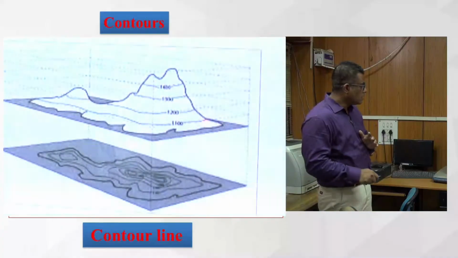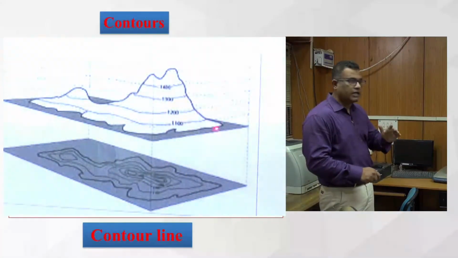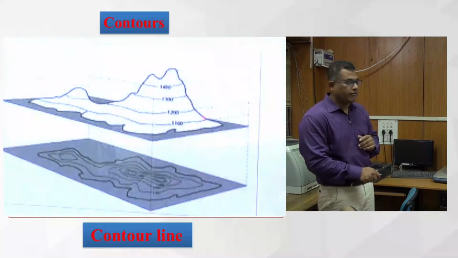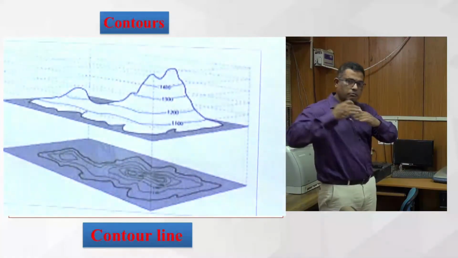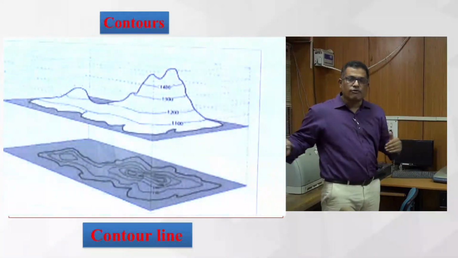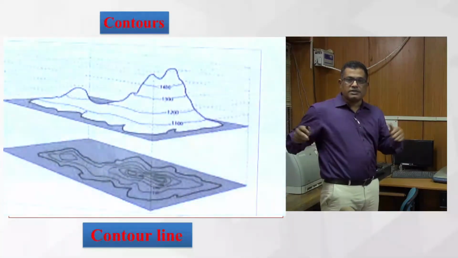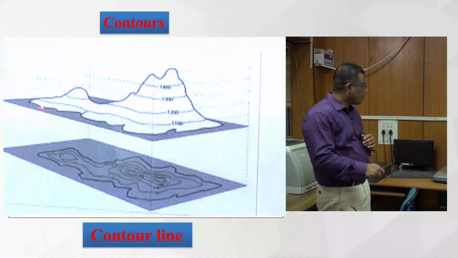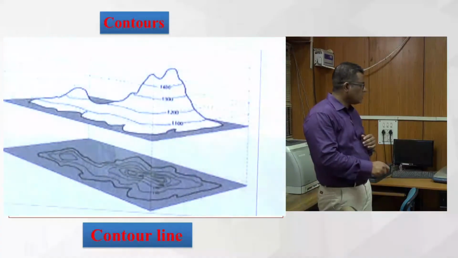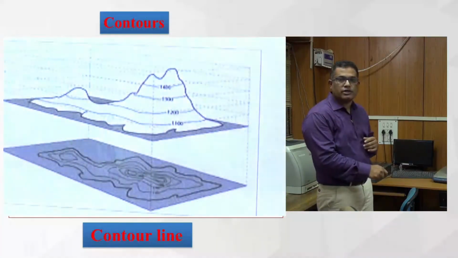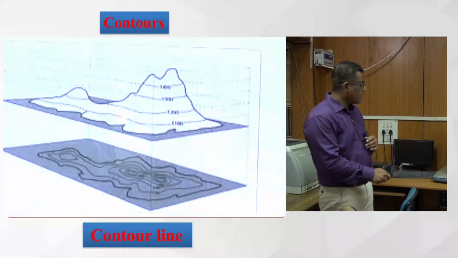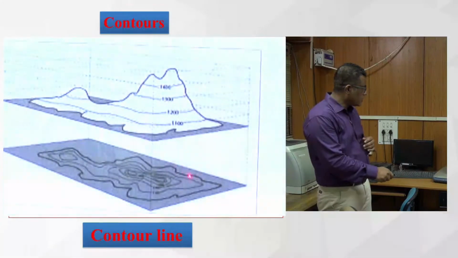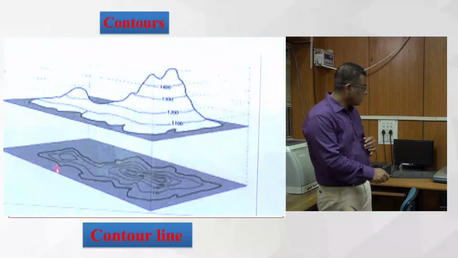the contour lines. So we find the places where the elevations are exactly 1100 along this hillock. Along the hillock means it would be on both sides, it would be somewhat spherical or hemispherical or circular. So we will find out the points of elevation which equal 1100. Similarly for 1200, and this 1100 will be represented through the outer line.